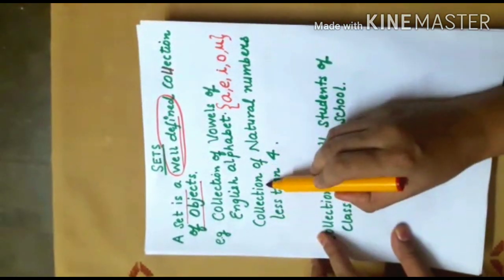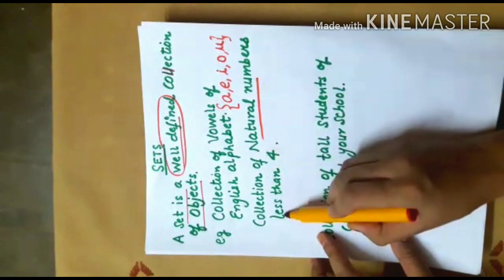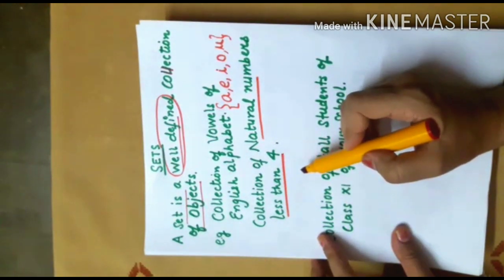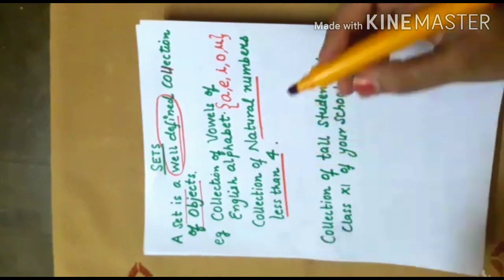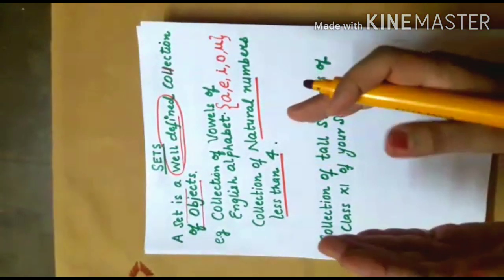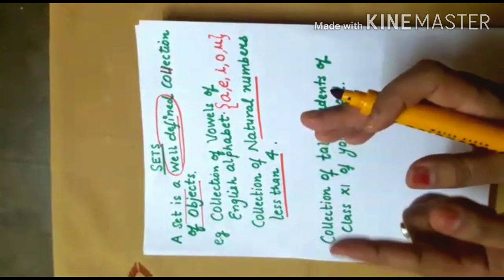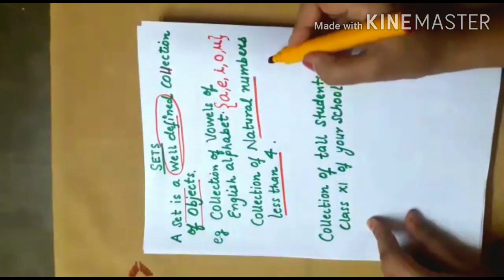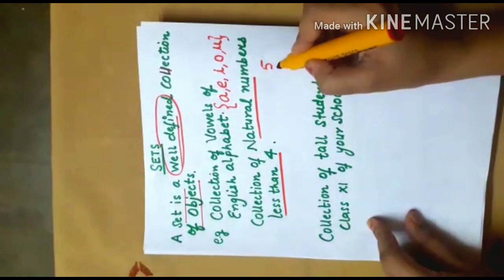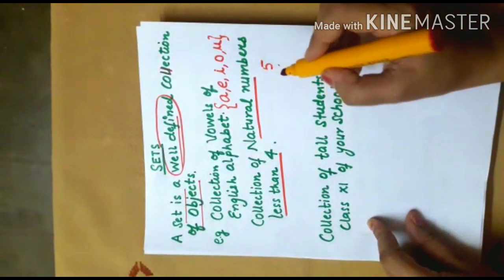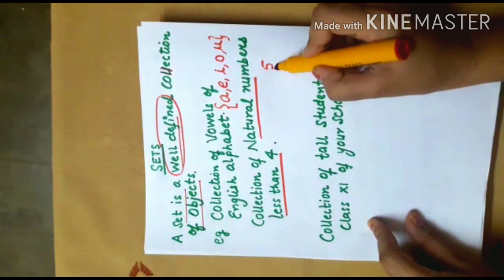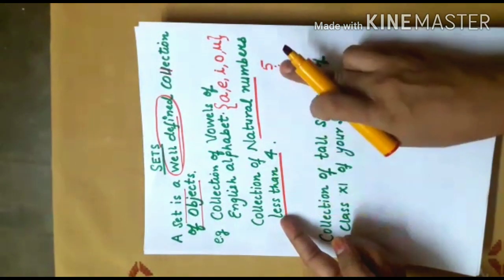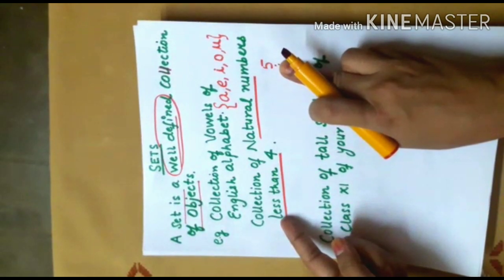Similarly, collection of natural numbers less than 4. It is also a well-defined collection because given a number, I can clearly decide whether that number will belong to this collection or not. For example, if I am given the number 5, I can clearly state that this 5 will not belong to this collection because this number is not less than 4.